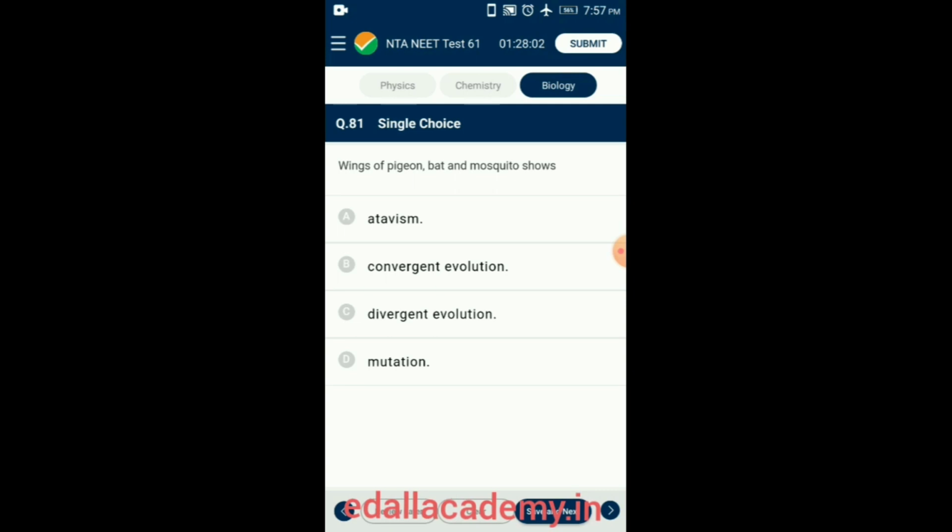Wings of pigeon, bat and mosquito perform the same function, that is flying, but have evolved from separate ancestral populations. This similarity developed in distantly related groups as an adaptation for the same function is called convergent evolution. So the answer is option B, convergent evolution.